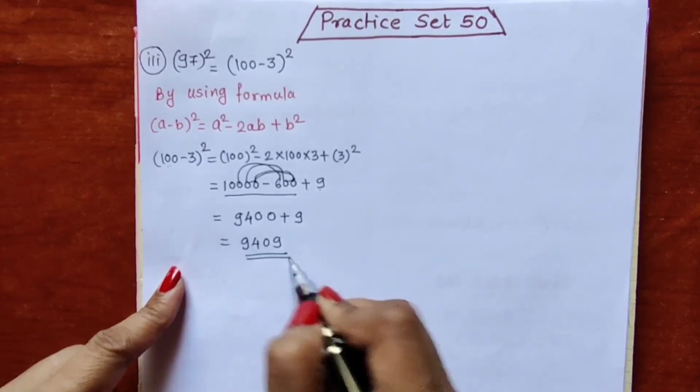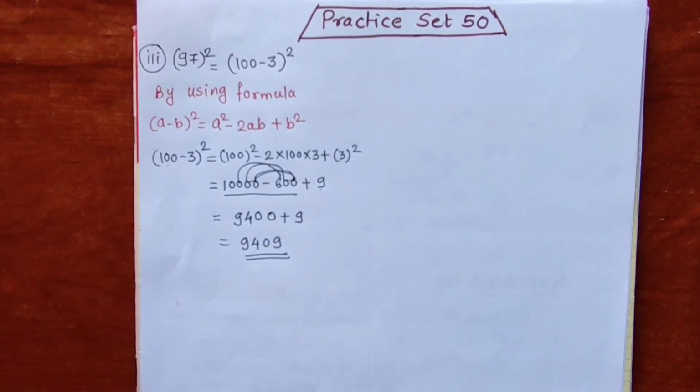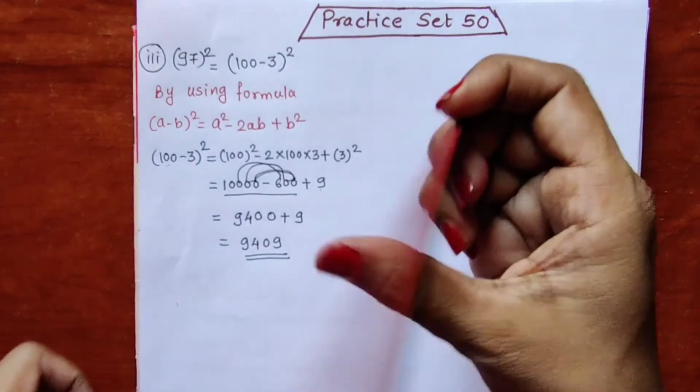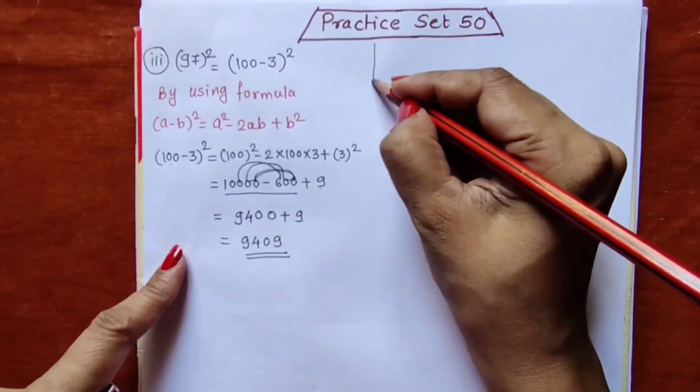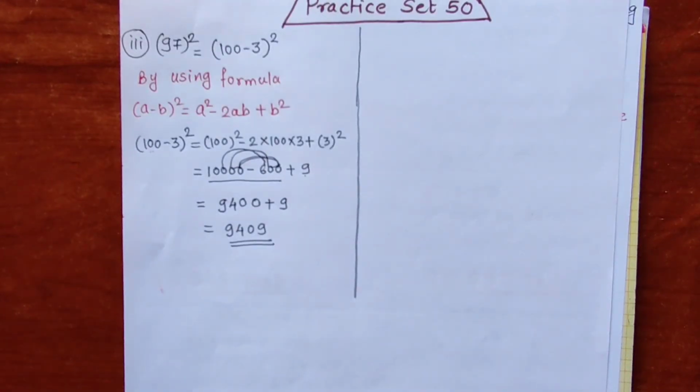In this way, orally you should do subtraction and addition. Now you all are in 8th standard, so subtraction and addition can be done orally. Now let us see the next sum. Okay, I will just draw a line over here. Okay, now let us see the second sum.